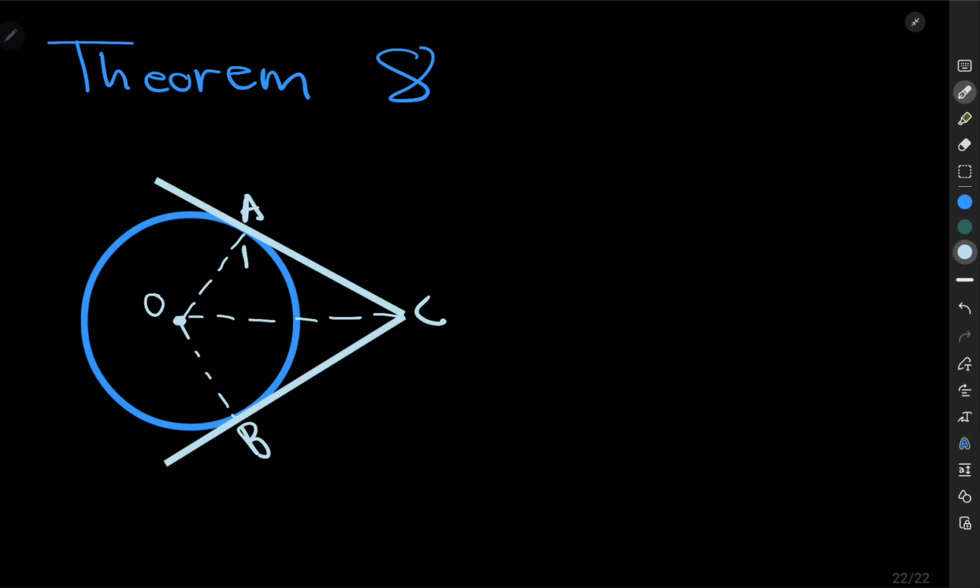Now theorem number 8 says that if two tangents are drawn from the same point outside a circle, then they are equal in length.